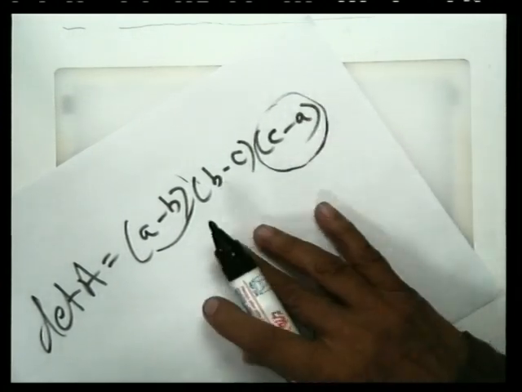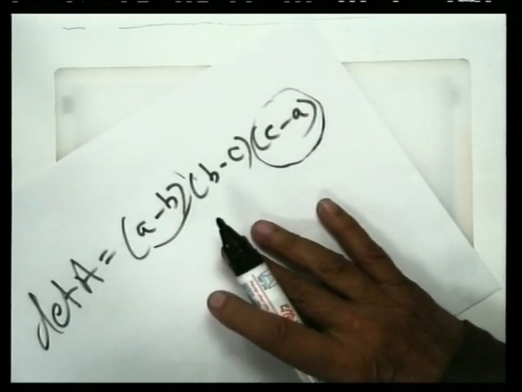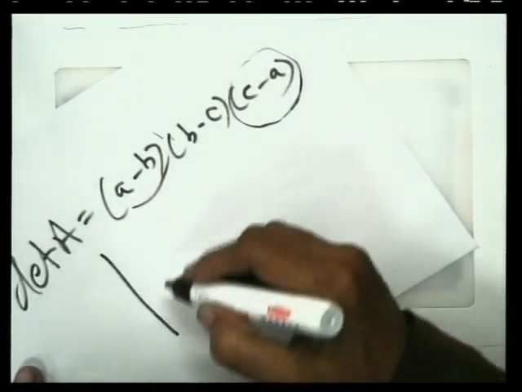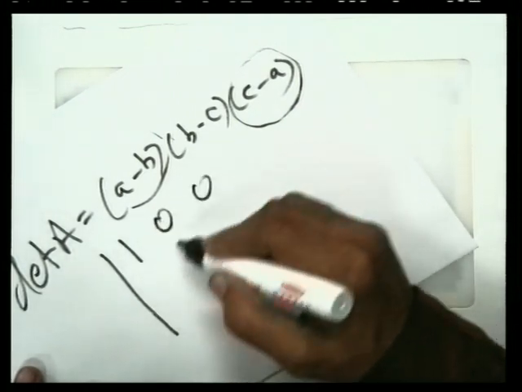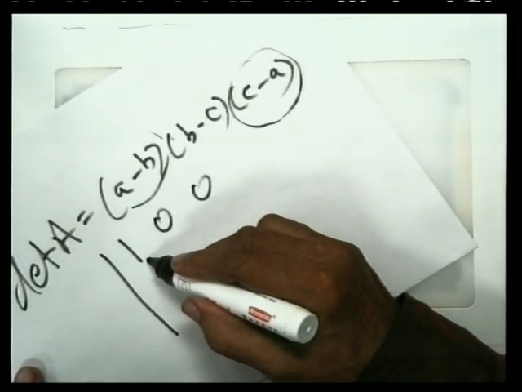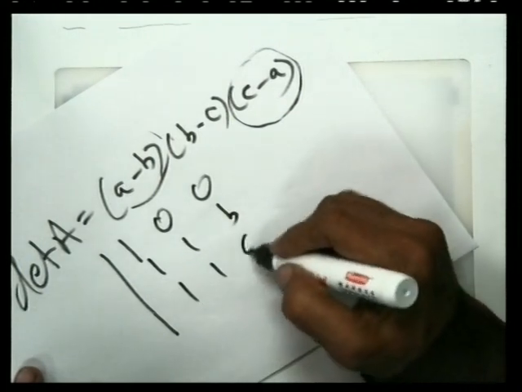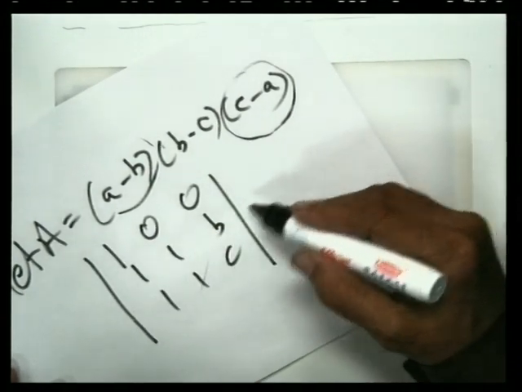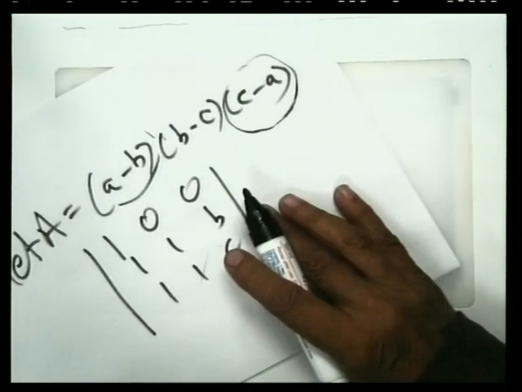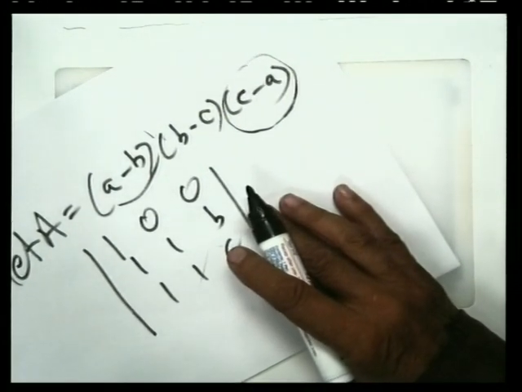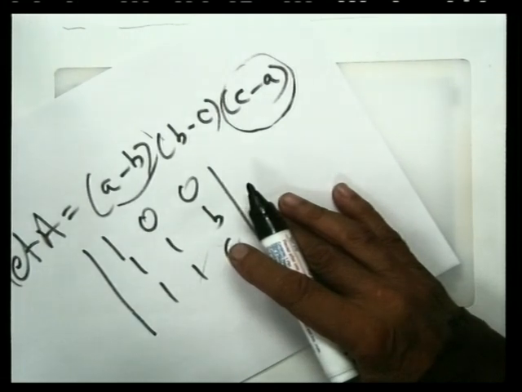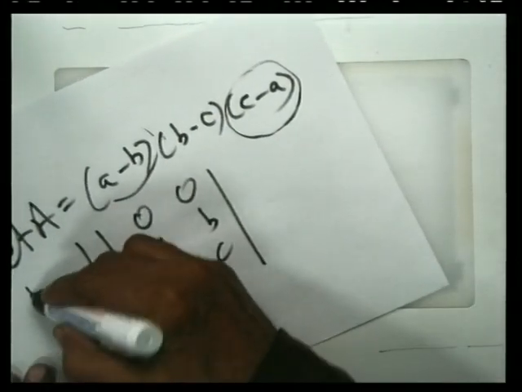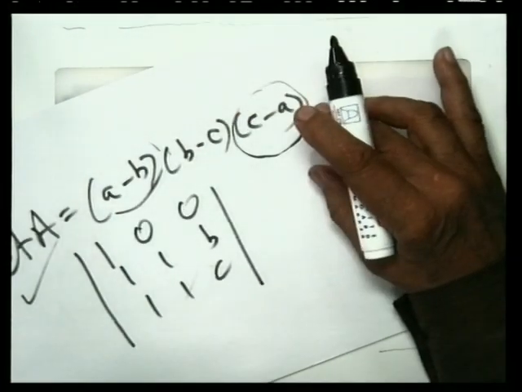So when you take those things out, the resultant determinant you get is 1 0 0, 1 1 b and 1 1 c, and when you expand this, you get simply c minus b, and taking care of the changes by changing sign, you get again the same thing, (a minus b)(b minus c)(c minus a). So again the determinant you get is a minus b.